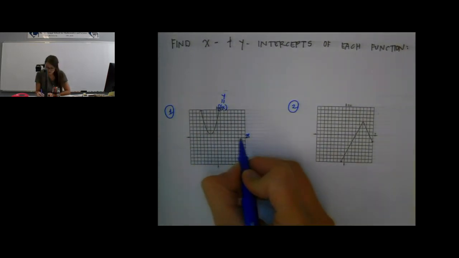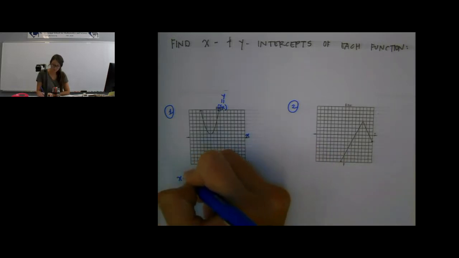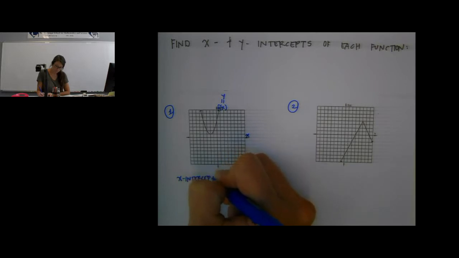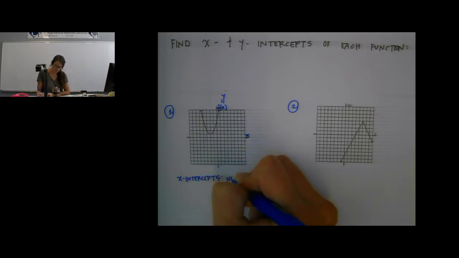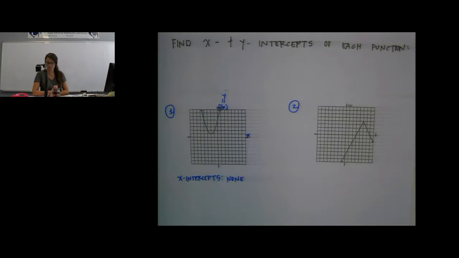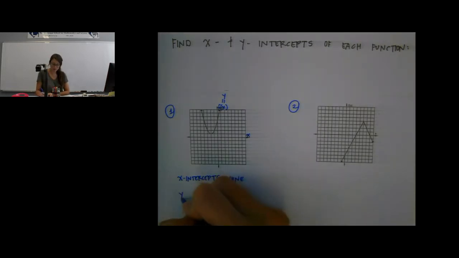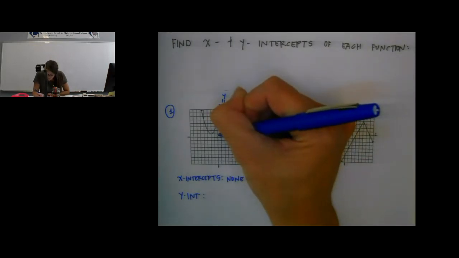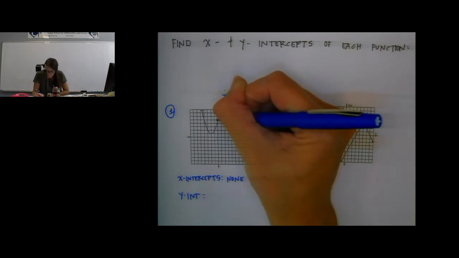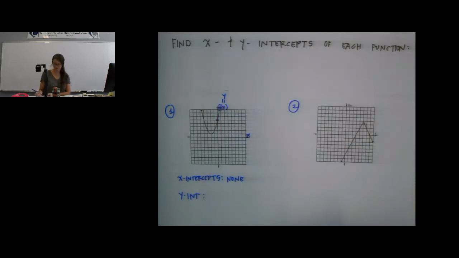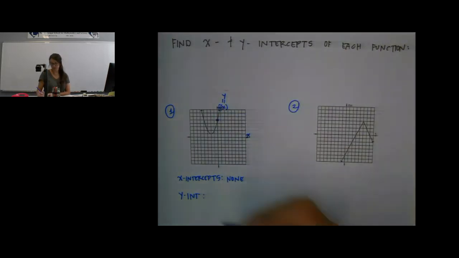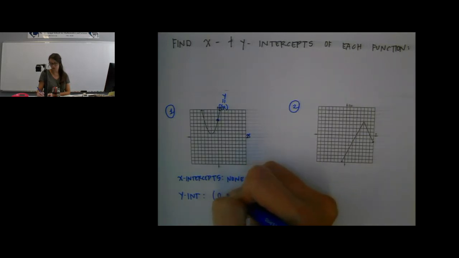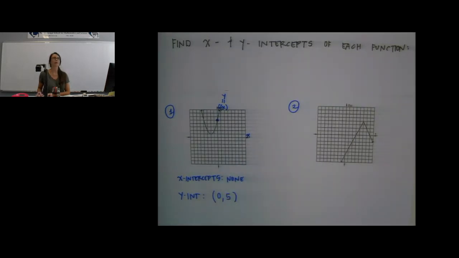So does this graph cross the X axis anywhere? No. So it's going to have no X-intercepts. The Y-intercept is where it's going to cross the Y-axis. So it's going to cross the Y-axis at 1, 2, 3, 4, 5. At Y equals 5. Okay?